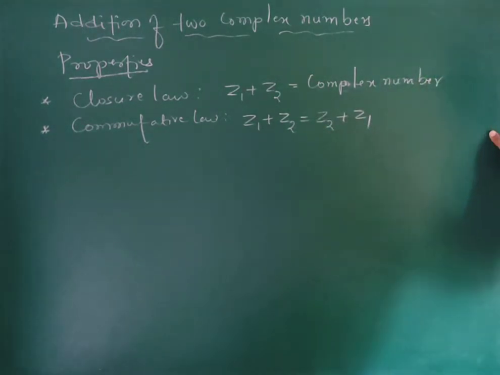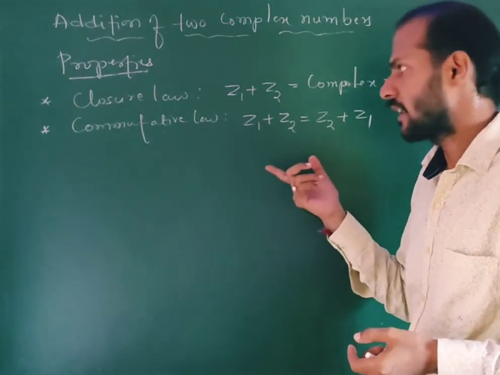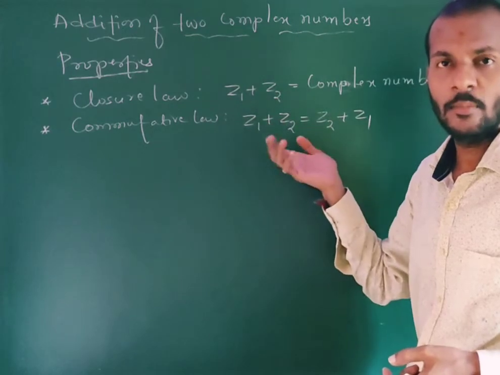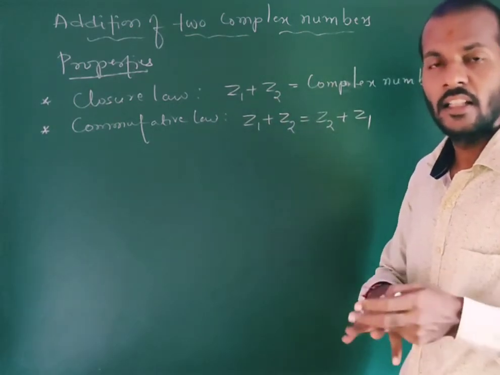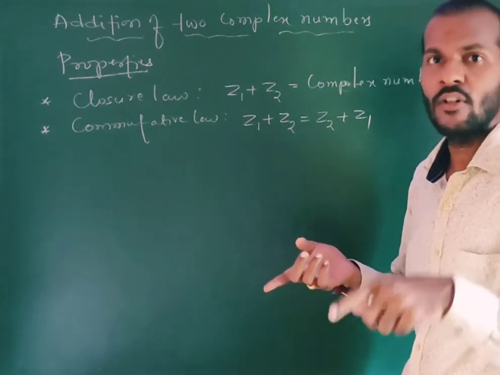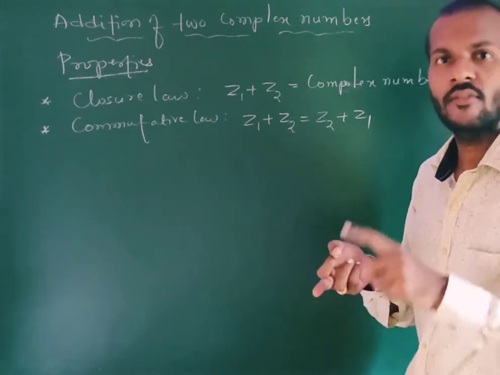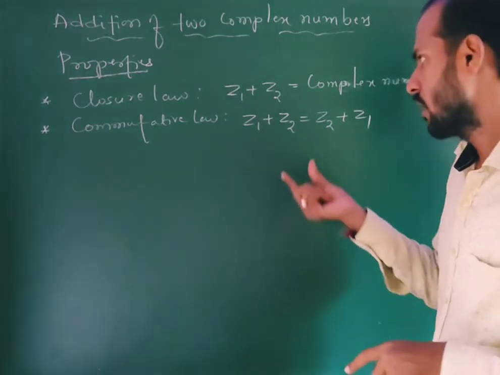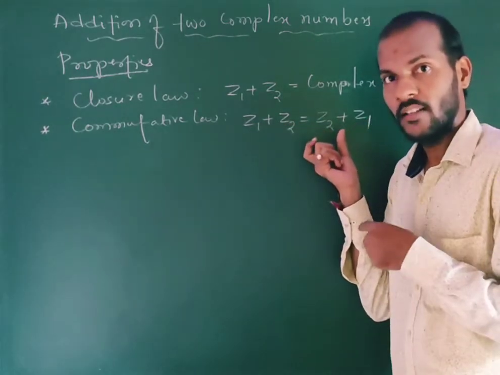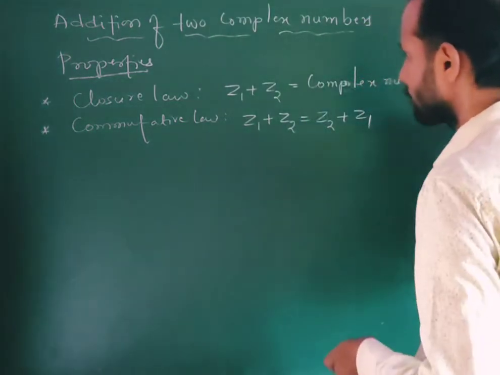Z2 plus Z1. If we interchange the position, similarly, as in real numbers, rational, irrational, integers, if you add, you will get the same number. Similarly here also, Z1 plus Z2 is equal to Z2 plus Z1. If you want to check, let's see by an example.